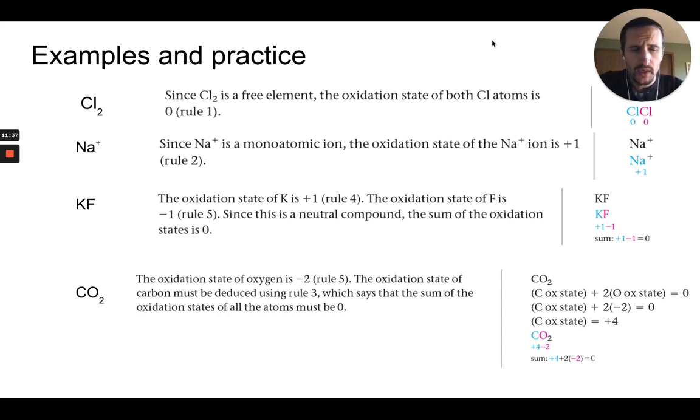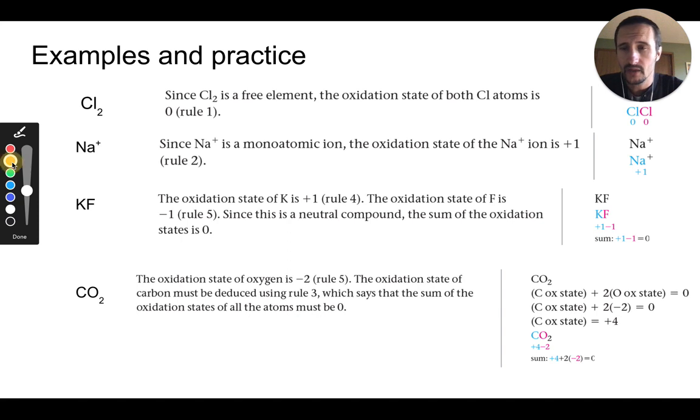And so if we know that the oxygen's oxidation state is -2, and we know that there are 2 oxygens, this is a total of -4, which means that the carbon, in order for the oxidation states to add up to 0, must be +4.